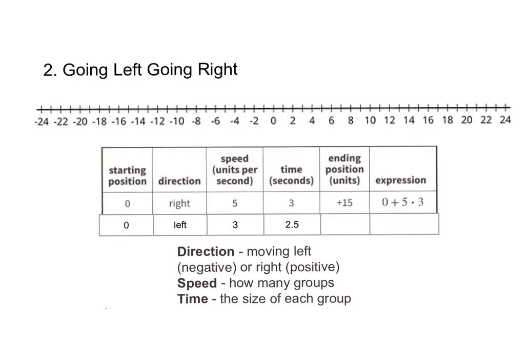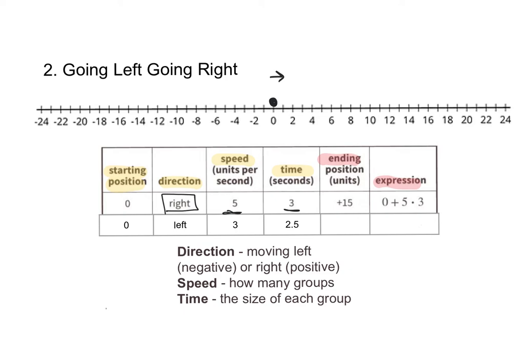How would this look on a problem? You're going to see these in your practice problems, where we are given a starting position of 0, our direction, right or left, speed, and time, and then we're asked to find our ending position and write an expression. In this first example, we are given the starting position of 0 and we are moving right, which means moving in our positive direction, in groups of 5, with each group containing 3 seconds.